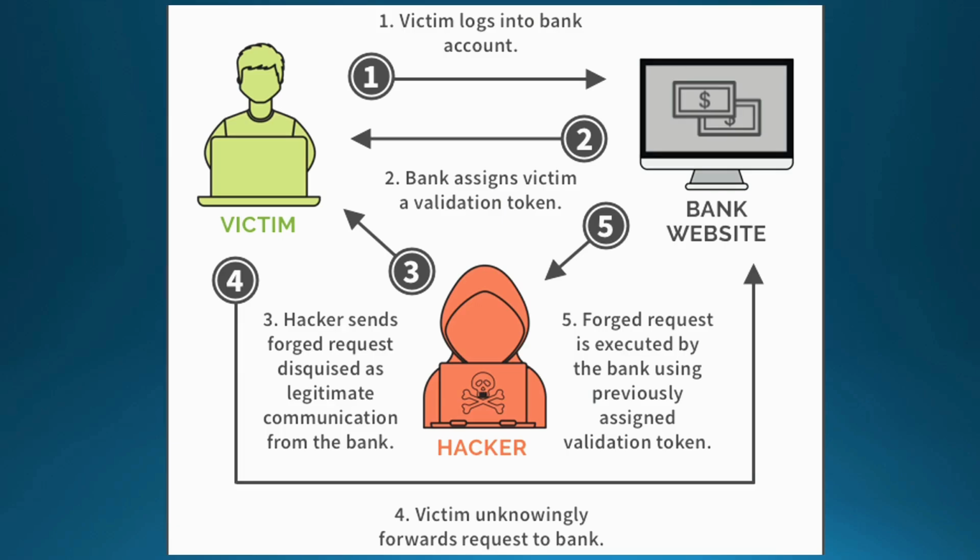After that, the victim forwards that request because the victim is unaware that the hacker has forged it and that it is not from the bank. After the request is forwarded to the bank, the bank executes it because the validation token has been given, and the bank thinks that the request has been made by the victim. So this is how a CSRF works.